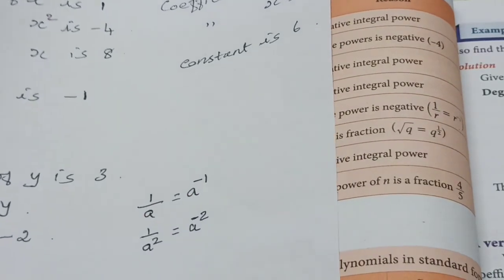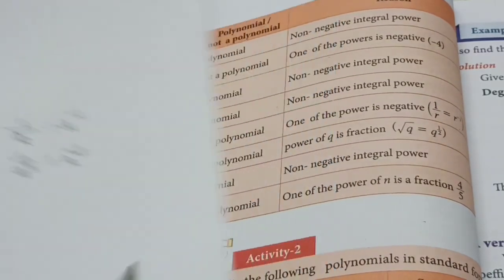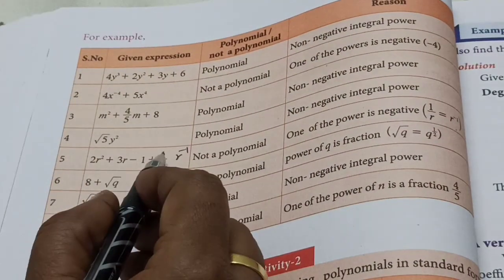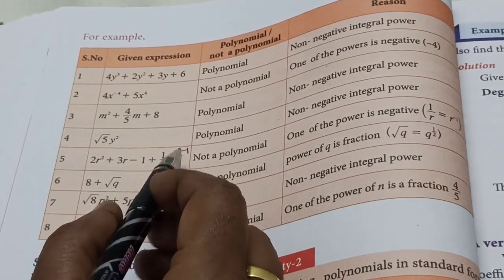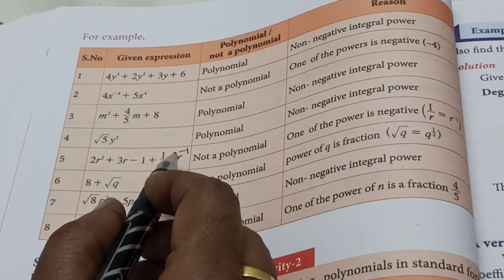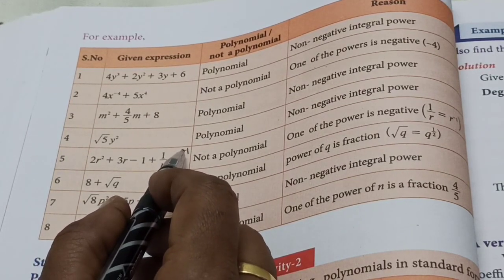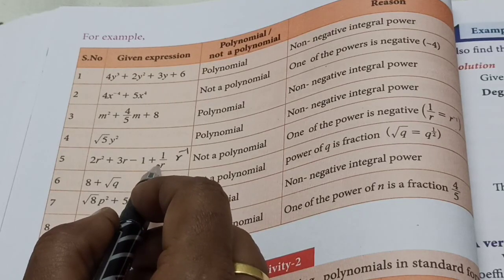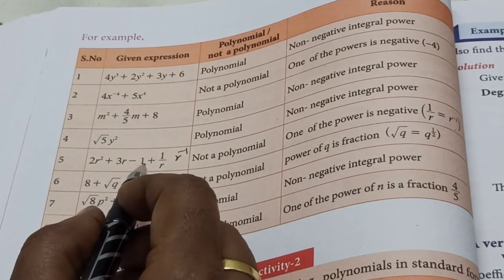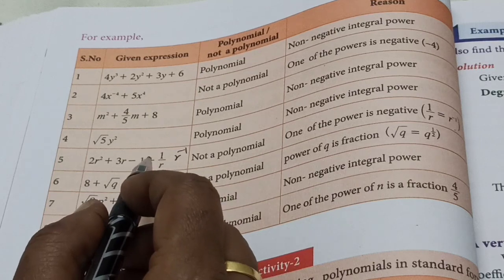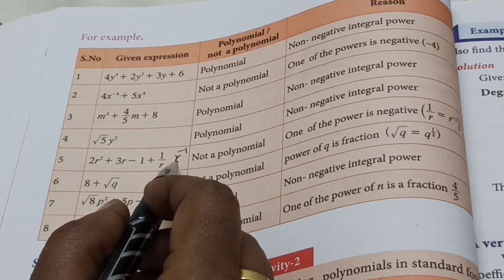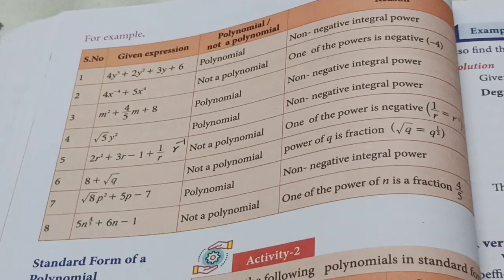Minus 2 we will get. Have you understood? Like that, here 1 by r we can write what? R power minus 1. So one of the power is negative, isn't it? 1 by r is there. So here one of the power is minus 1. Okay, so it is not a polynomial.